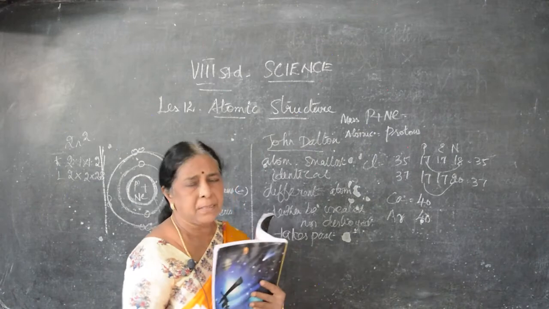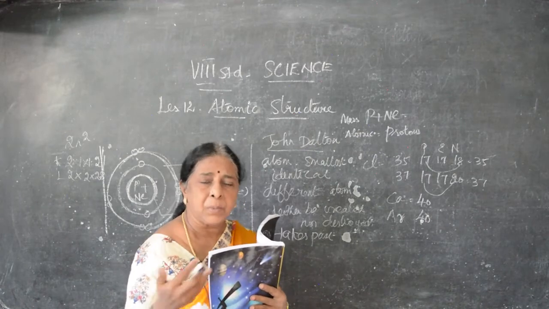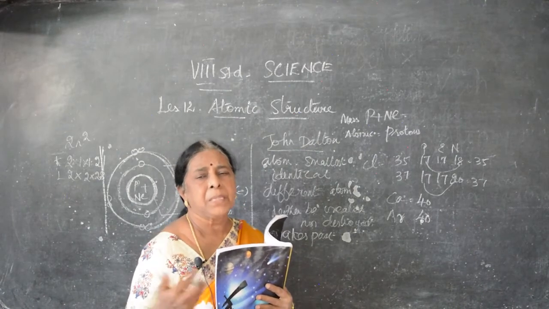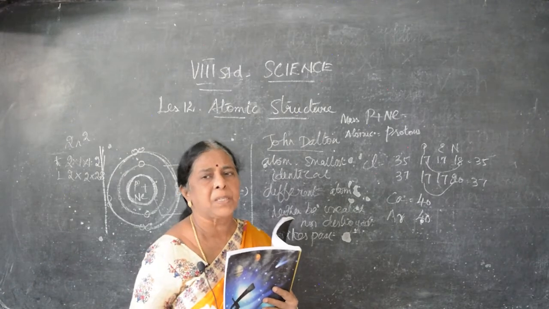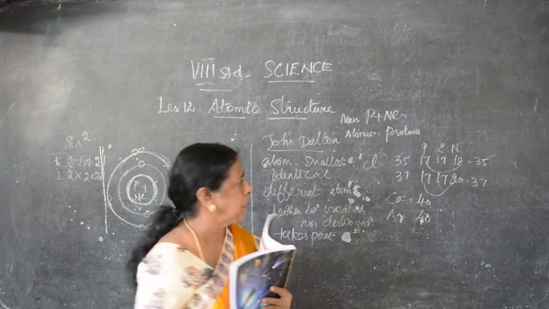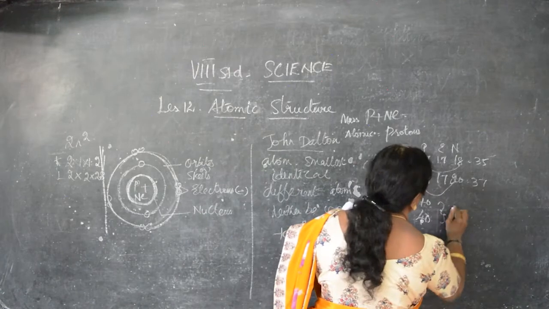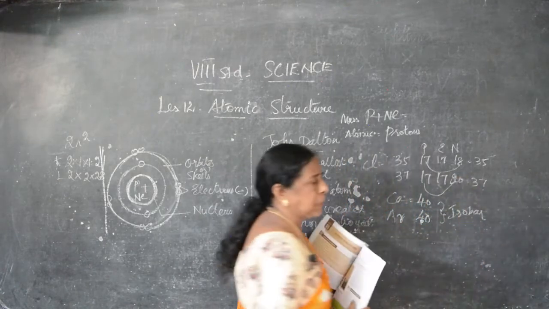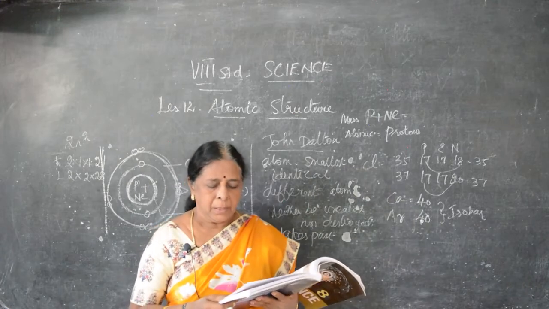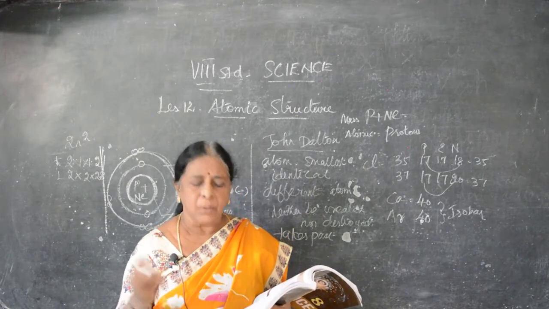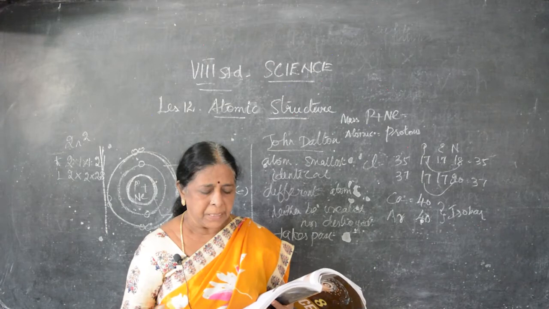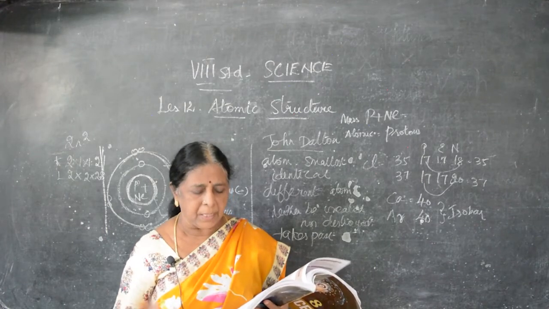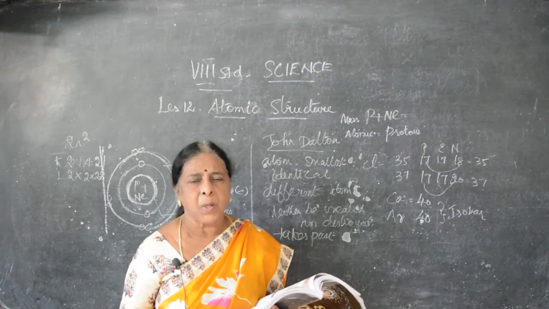This is known as isobars. That is, atoms that have the same mass number but different atomic numbers are known as isobars. And this is isotope. Clear? They also have different properties, because coal, graphite and diamond are all made up of the same carbon only.